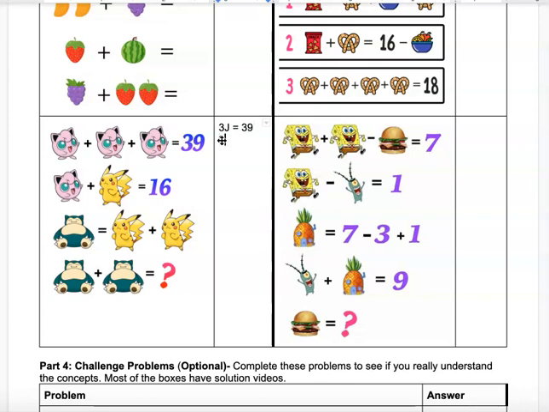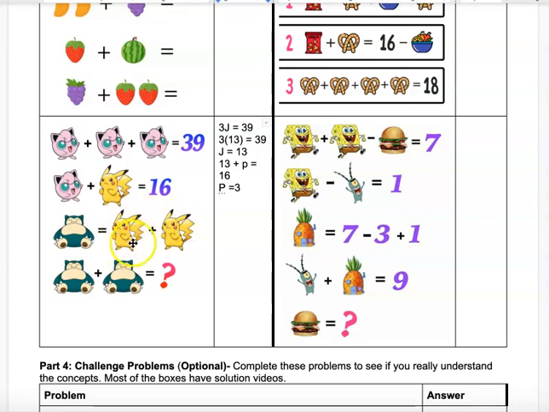So I know that 3 times 13 equals 39. So I know that the Jigglypuffs equal 13. And then I could use that to figure out the Pikachu. 13 plus the Pikachu P equals 16. So that tells me that the Pikachu is 3, right? Because 13 plus 3 is 16.